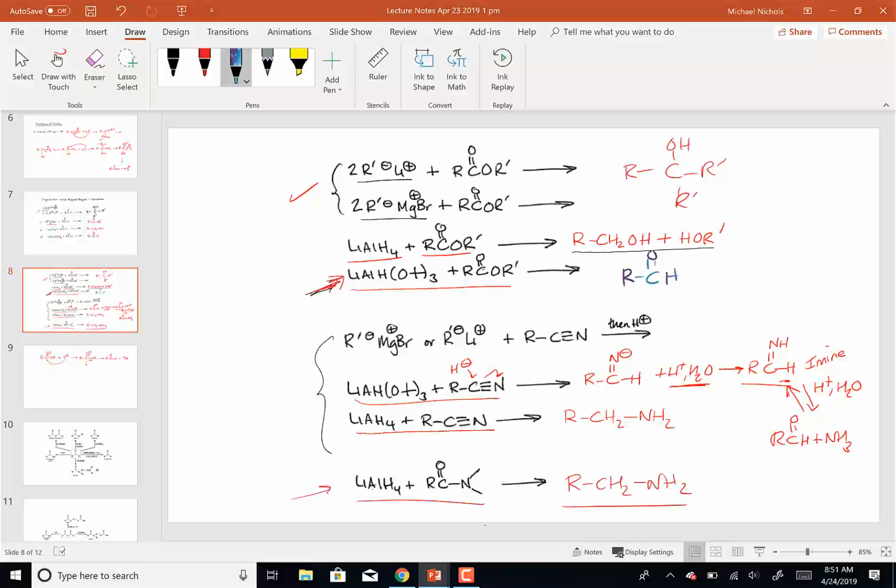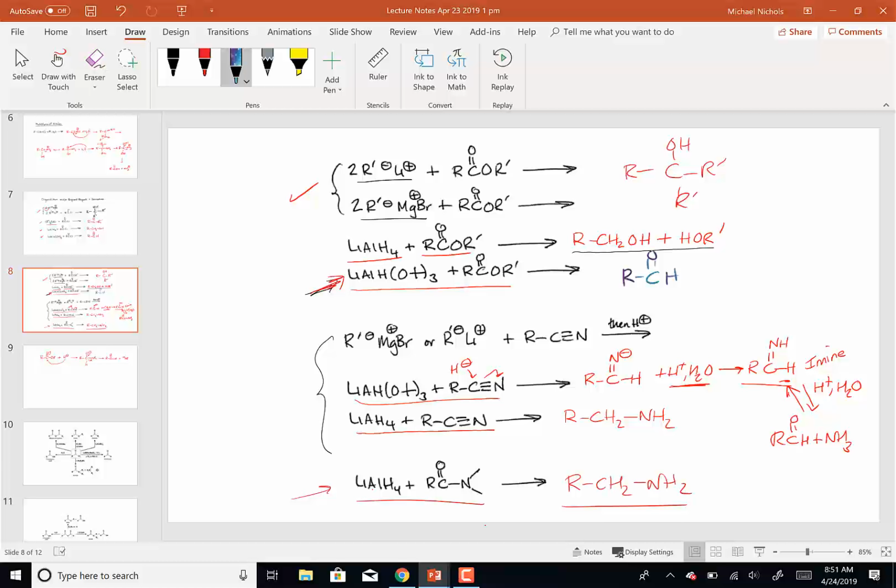So which one's more stable, amide or ester? What's at the bottom of the list? Amide. So amide's more stable than ester. Ester's more stable than anhydride. Anhydride's more stable than acid chloride. That's why the list is the way it is.